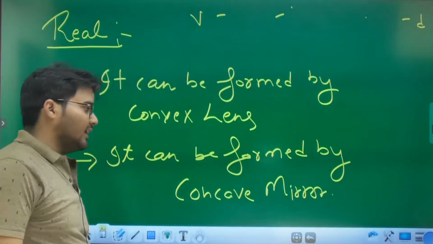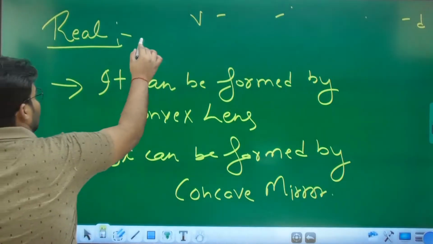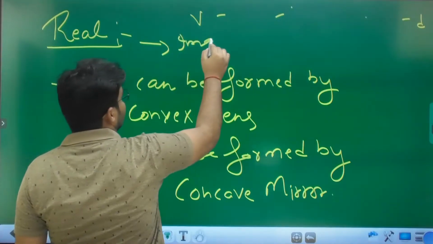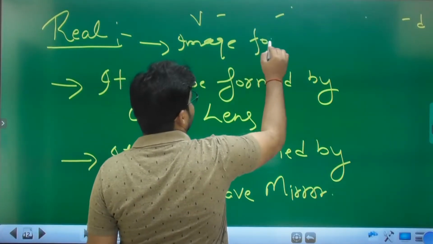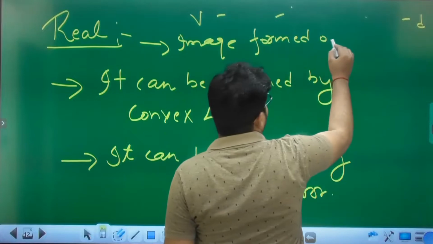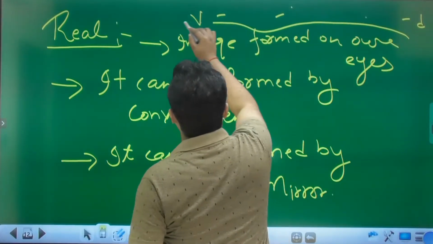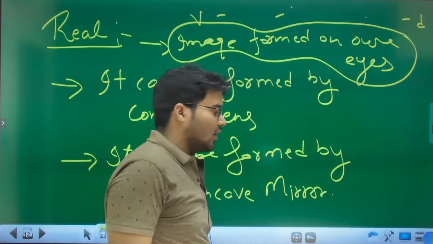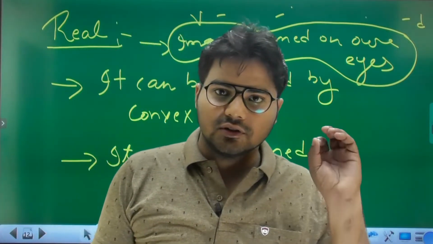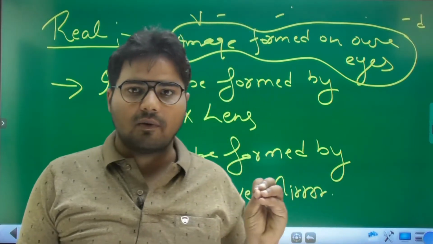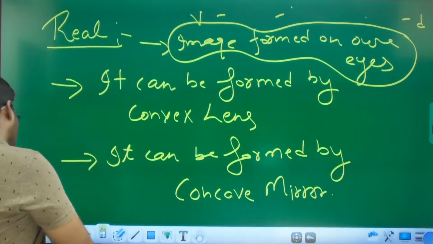Clear? So the real image formed on our eyes is also a real image. So these are some basic points about real images, you have to note them down. Now move to the next one.